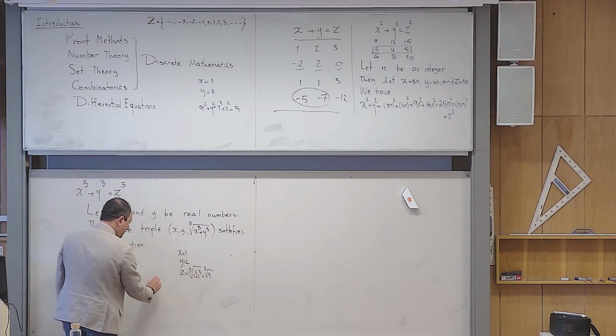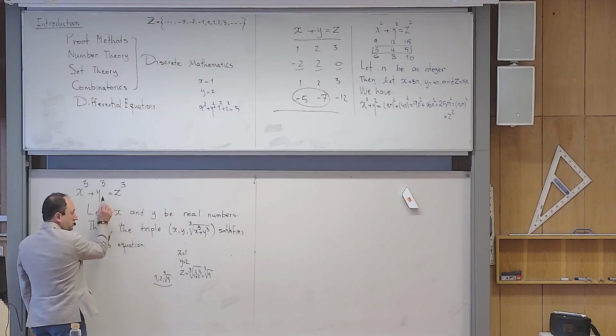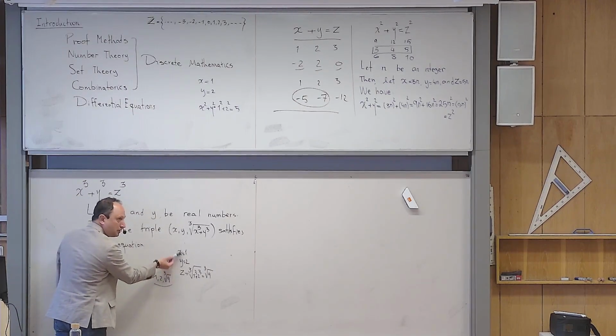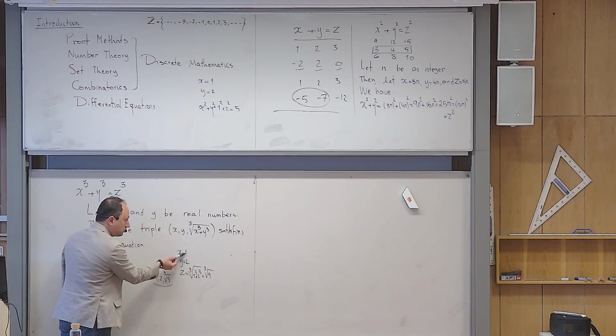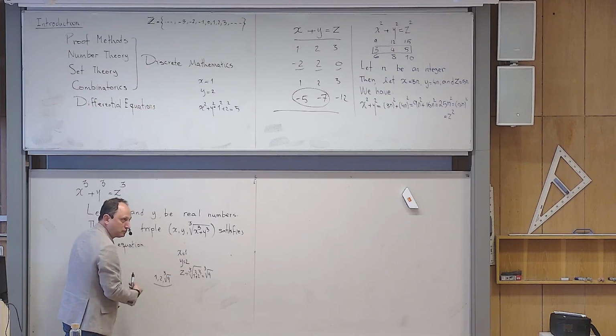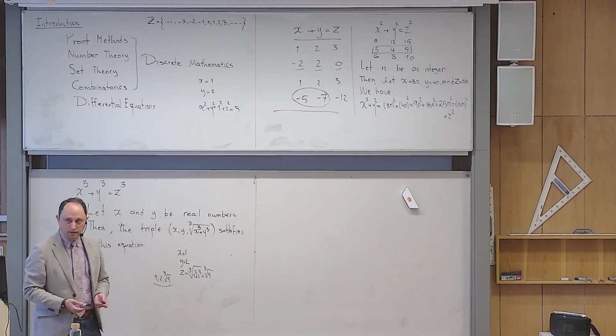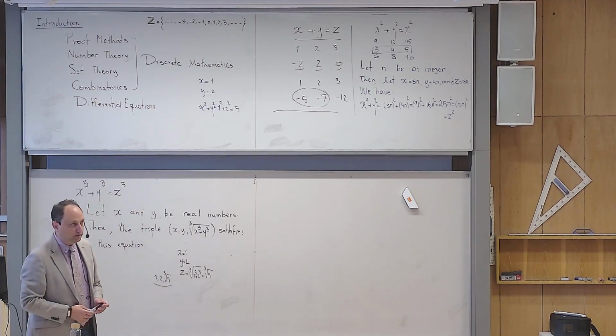Yes? So 1, 2, third root of 9 is one triple that works in this equation. But do you see there is nothing special about 1 and 2? I can choose whatever numbers I want and then calculate z out of it and it will work. Is that clear? So there are infinitely many.